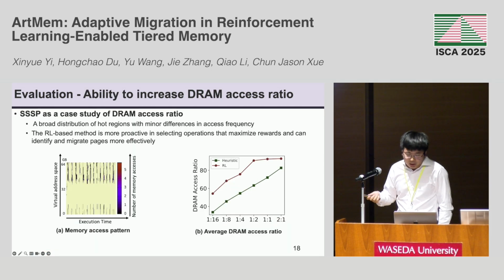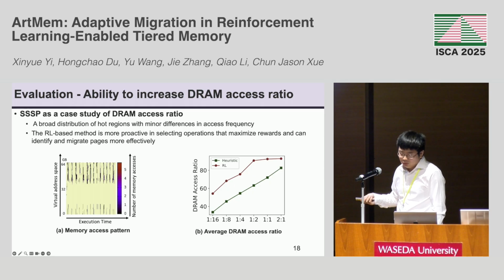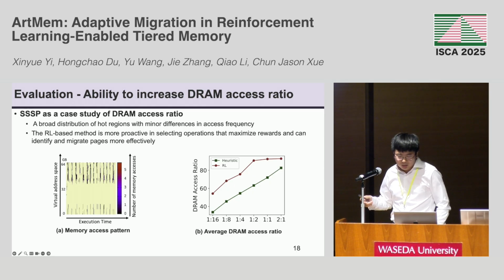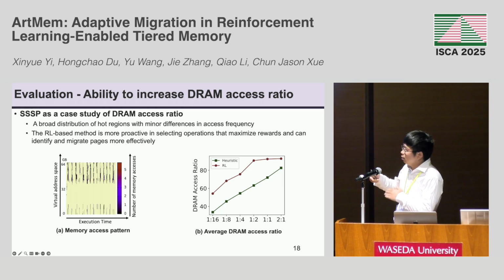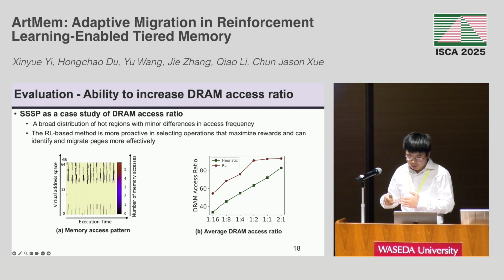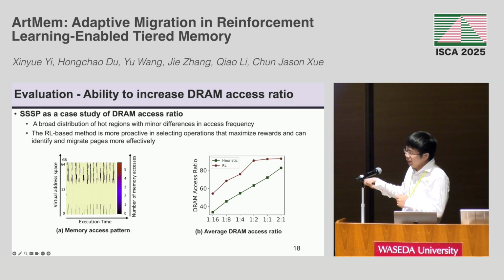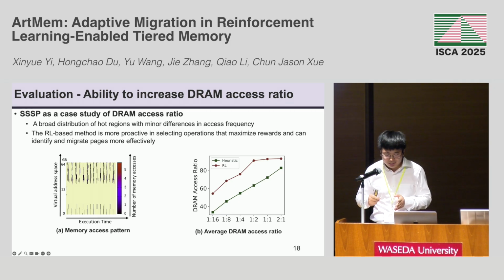And let me dive deeper into why ArtMem works so well using SSSP as a case study. SSSP has a broad distribution of hot regions with minor difference in access frequency between hot and cold areas. This makes it challenging for traditional heuristic-based methods to identify the right pages to migrate. And the RL-based approach is more proactive in selecting operations that maximize the reward.